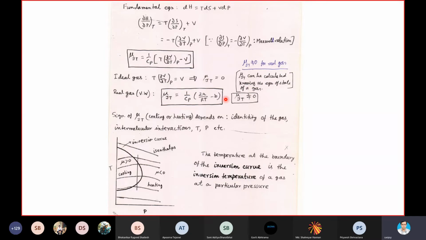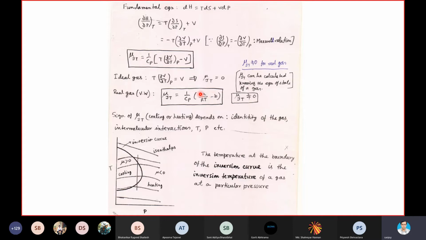Now what you see from this expression is, what are the things on which μ therefore depends? It depends on the nature of the gas also. See, the expression contains a and b. a and b are what? a and b are two correction terms in the Van der Waals equation. One is the pressure correction, one is the volume correction term, and this depends on the nature of the gas. So carbon dioxide will have a particular value, and if you take nitrogen, it will have different values.